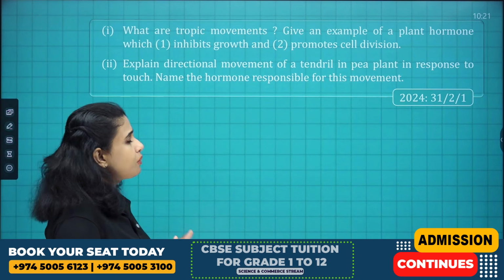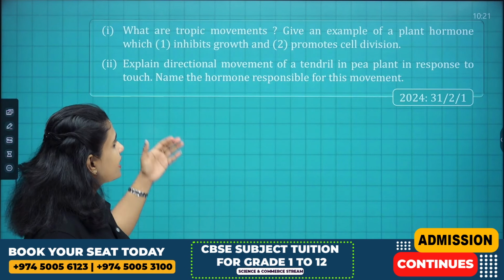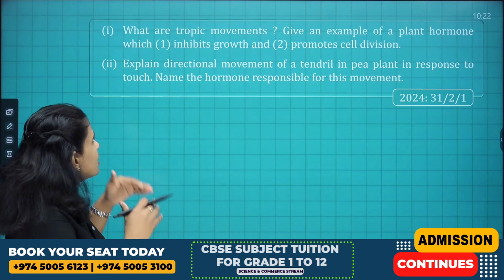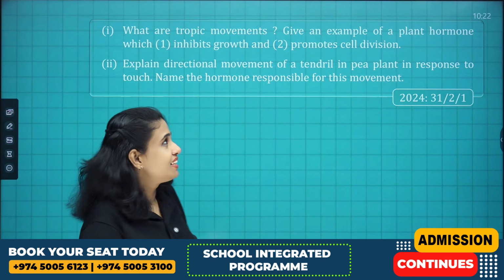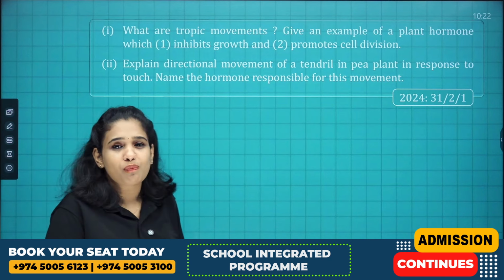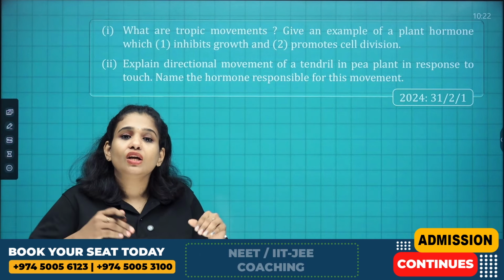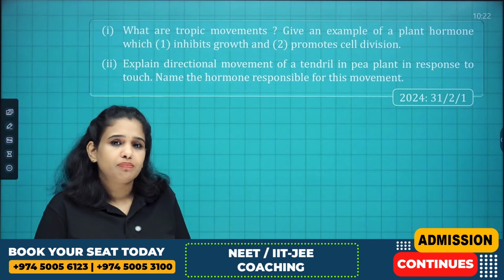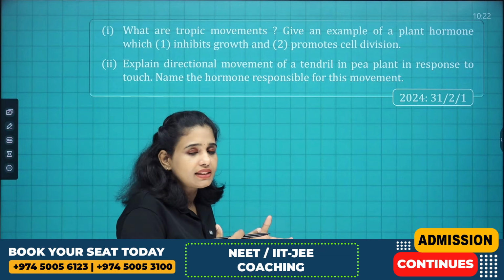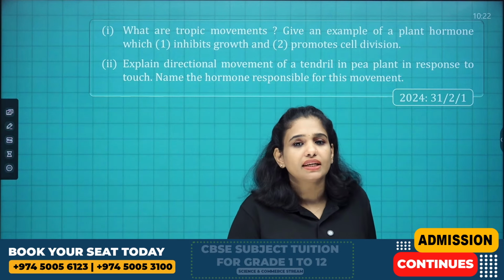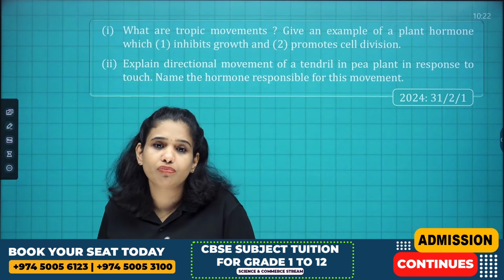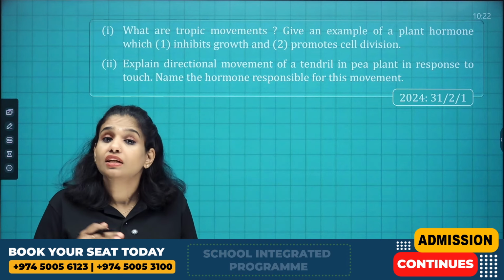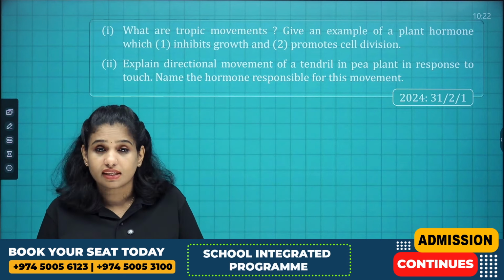What are tropic movements? Give an example of a plant hormone which inhibits growth and promotes cell division. So, what are tropic movements? They are growth-related plant movements, which we have already discussed in previous questions. What are the two types of movements in plants? They are tropic movements and nastic movements.